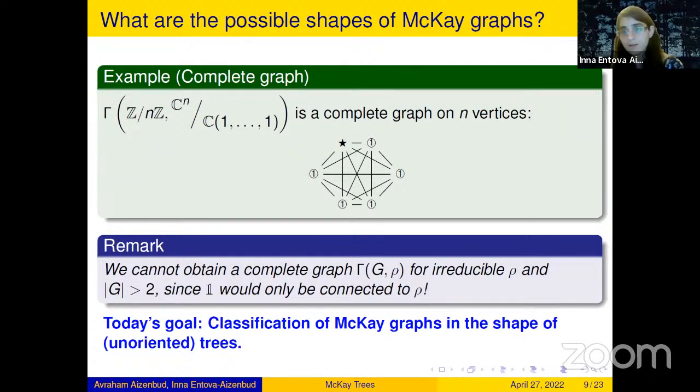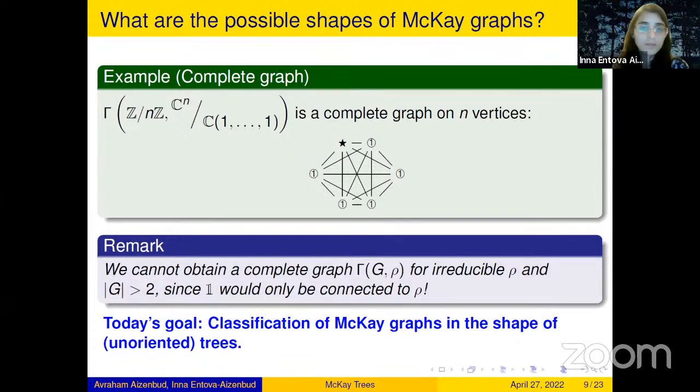We just take the shift representation on Cn of the cyclic group, and then we quotient out by the subspace of constant coefficients. So this will give us a complete graph on n vertices.